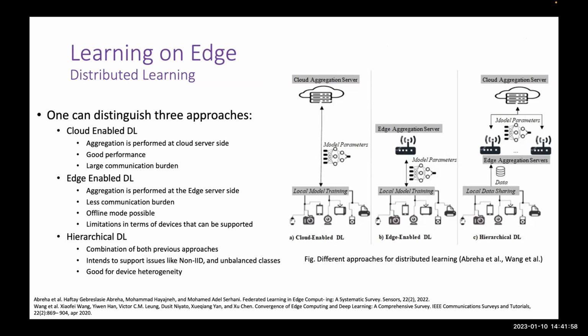What we are doing here is having clusters of edges. Some devices are connected to a specific edge server, and the edge server does the aggregation first on the edge devices, and then all edge servers share with the cloud the version of the model that they have, to be able to build a bigger model.